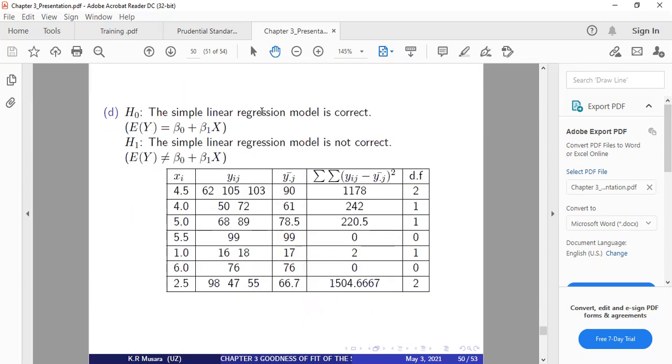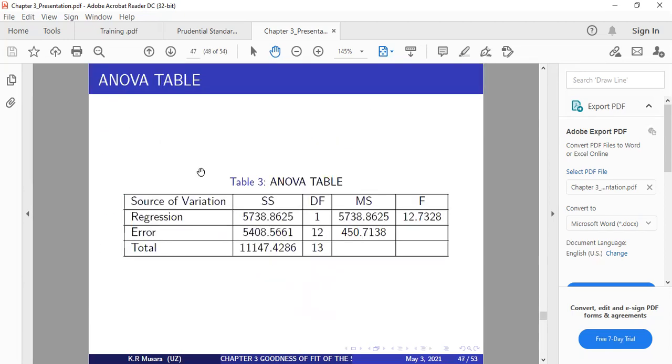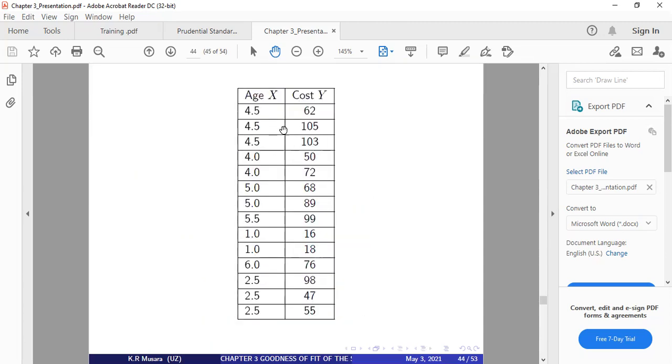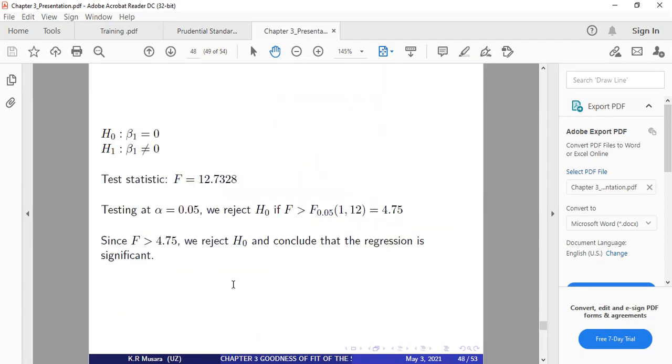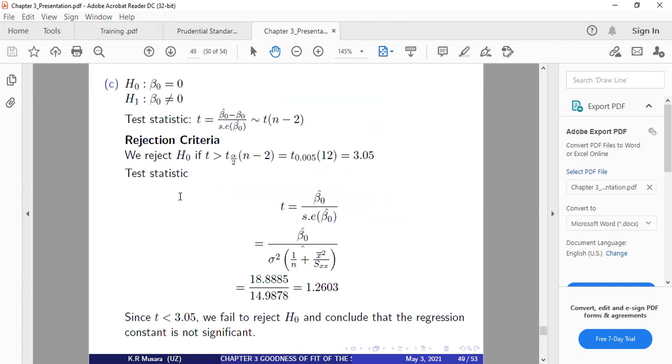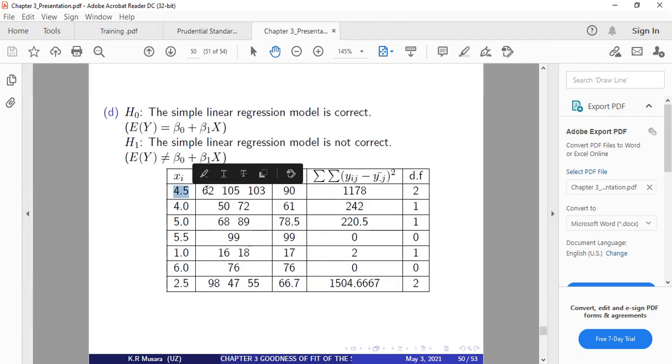So you see that 4.5 is repeated several times. 4.0 is repeated, 5.0 is repeated. 5.5 is not repeated, but at least we have got some values under the independent variables that are replicates. So 4.5 is replicated how many times? Thrice, which we have got 65, 105, 103.